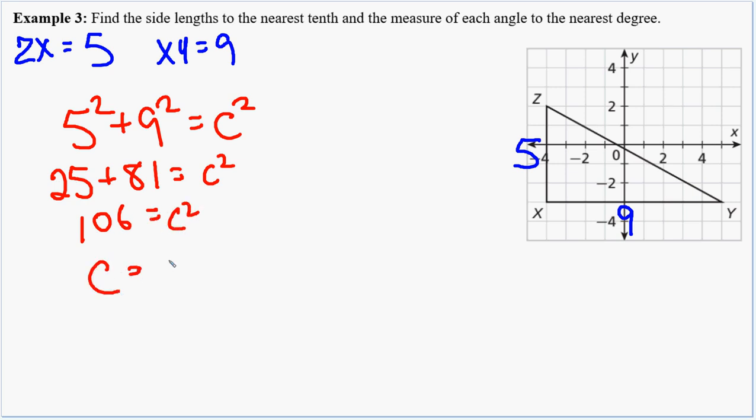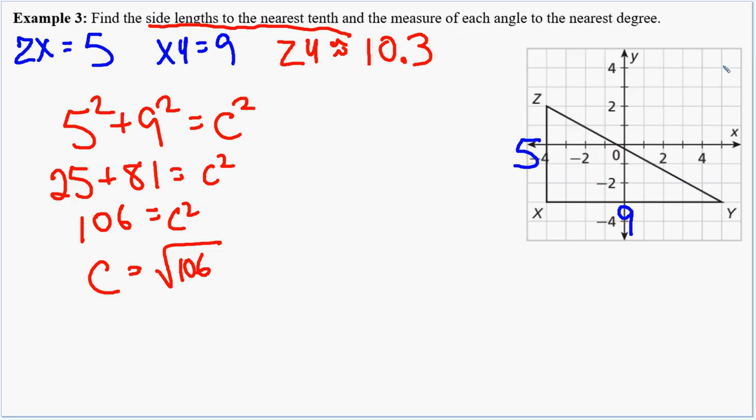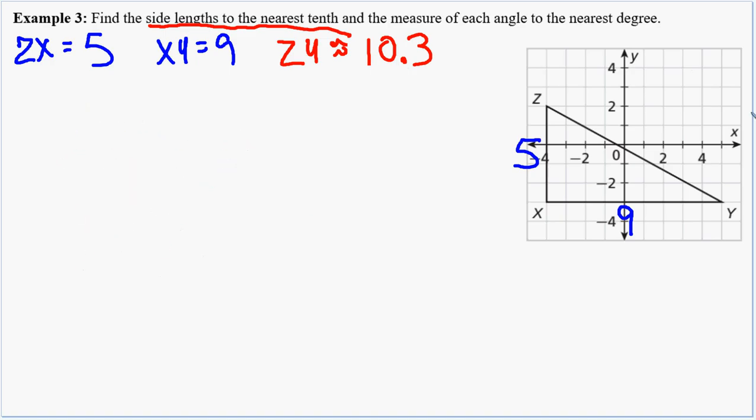So c is the root of 106, but it says find side lengths to the nearest tenth. So let's grab our calculator and root that 106, and we're going to get our hypotenuse ZY is about 10.3. And I'm going to write that on my picture.